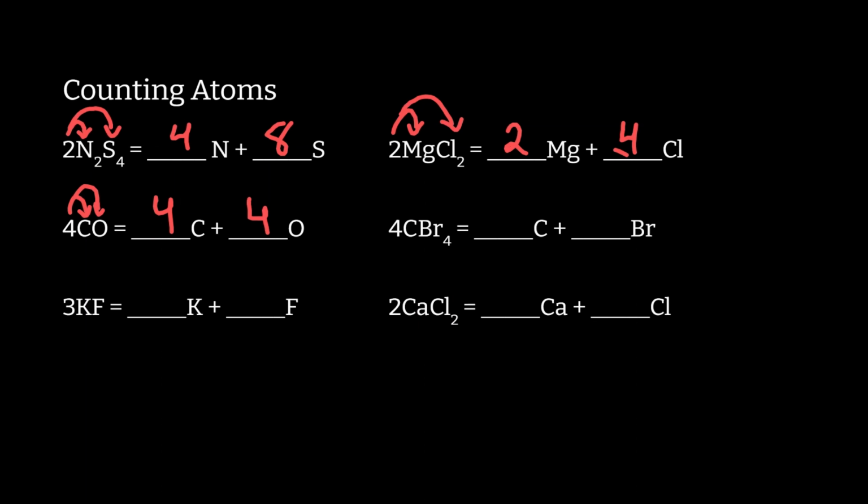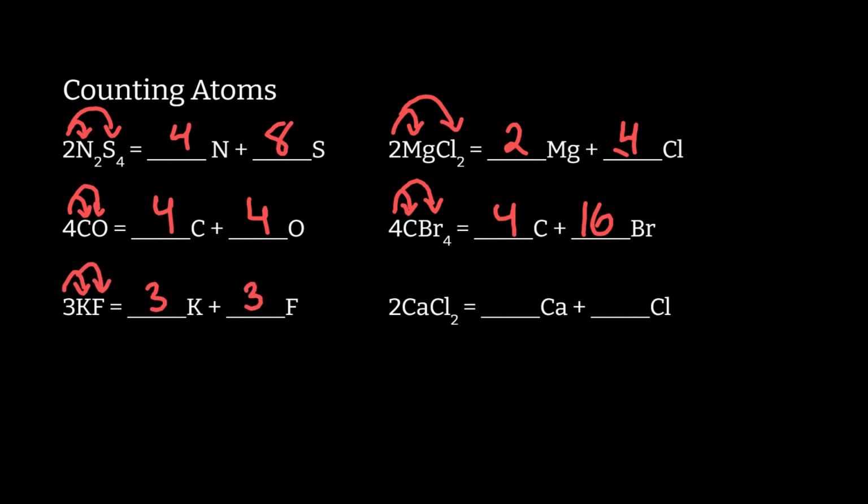Let's keep on going. We have our CBr4, coefficient of 4 out front. The 4 will multiply everything, so 4 carbon. And then 4 times 4 for the bromine will be a total of 16. Looking at our 3KF, 3 times 1 will be 3. 3 times 1 will be 3.